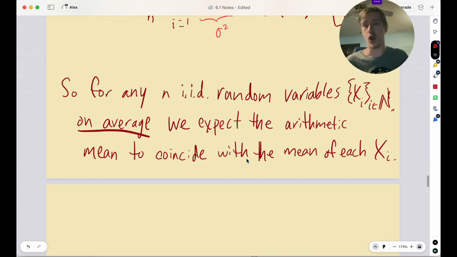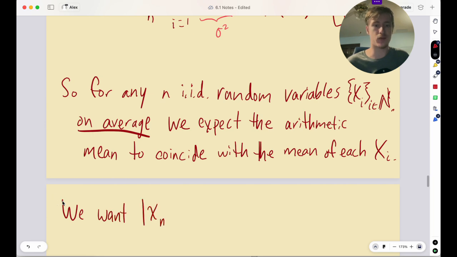What I want to show is that if I take the sample mean, which is finite, I'm taking a finite number of trials, and I compare that to the average of each of the random variables, I want that to be small.